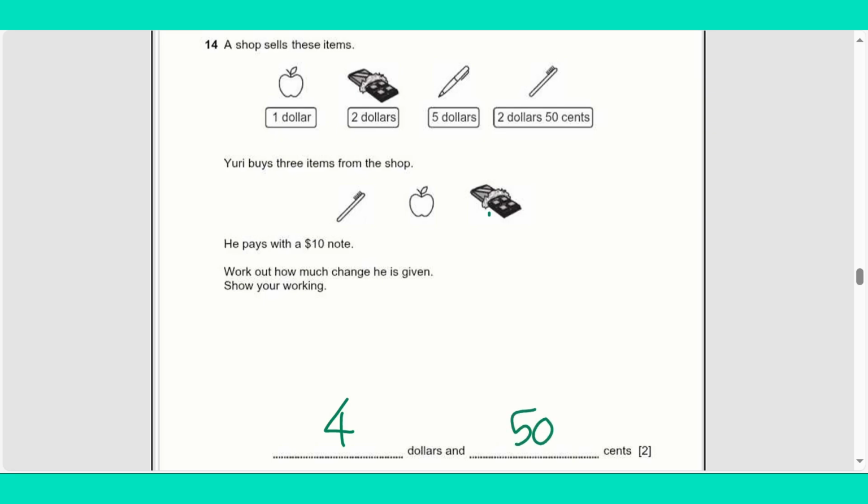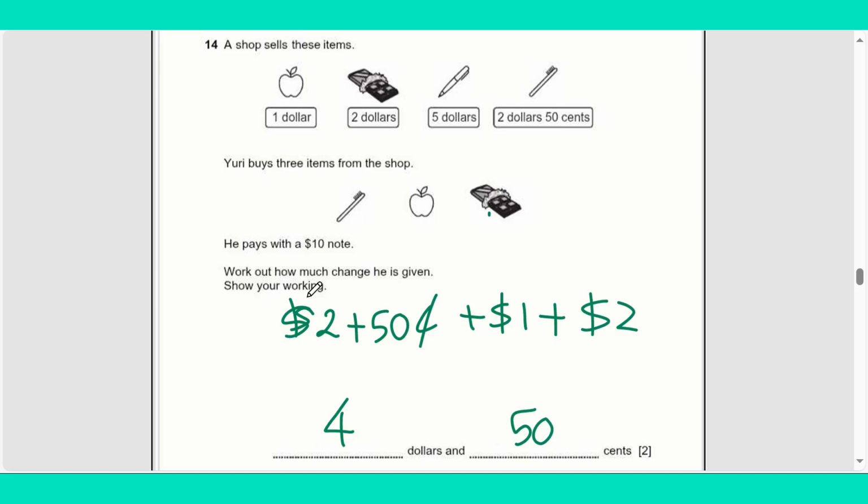So this value is $2.50, an apple costs $1, and then the chocolate looks like it's $2.